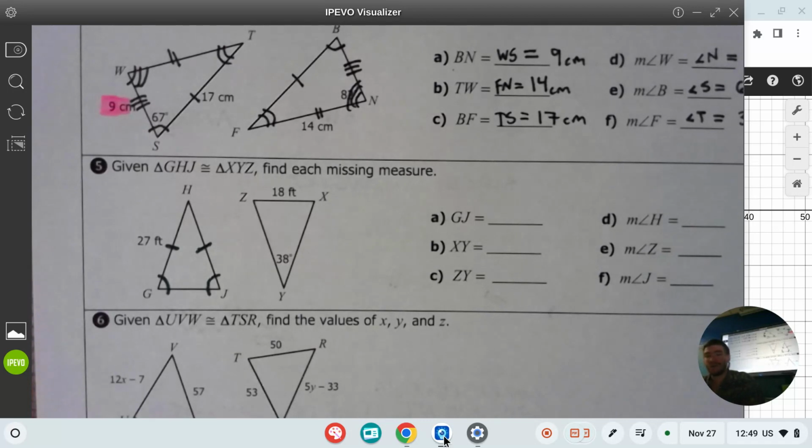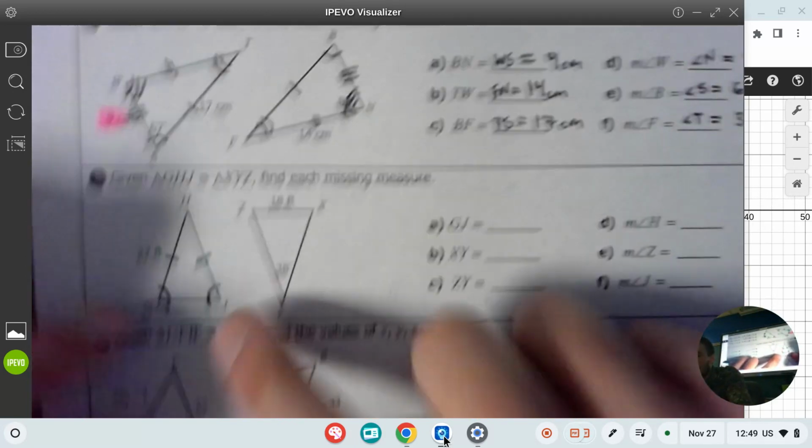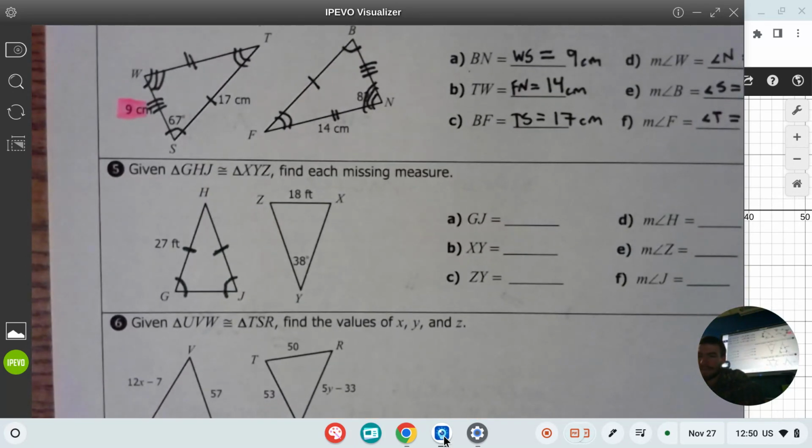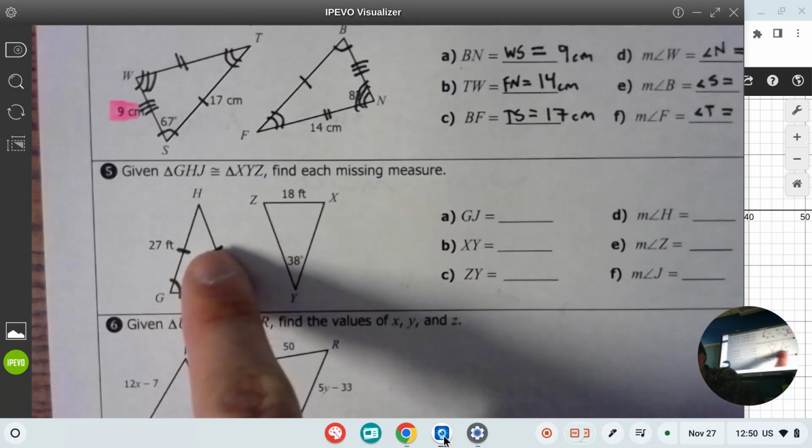It's something that we talked about. It's been a while because of break, almost 10 days now. But if you have corresponding congruent sides, you're also going to end up with those angles that match as well. Okay? So, right away from this question, we're starting off with a lot of similarities.